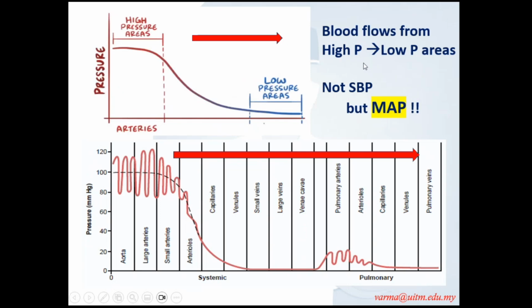A simple example: you measure your blood pressure in your arms versus your legs. Sorry, the systolic blood pressure in the legs is higher compared to the arm, but the blood still flows from your upper body to lower body because of gravity and other effects. I'll come back to that. So the important determining pressure that maintains blood flow is mean arterial pressure, not the systolic blood pressure. We will do a calculation soon.